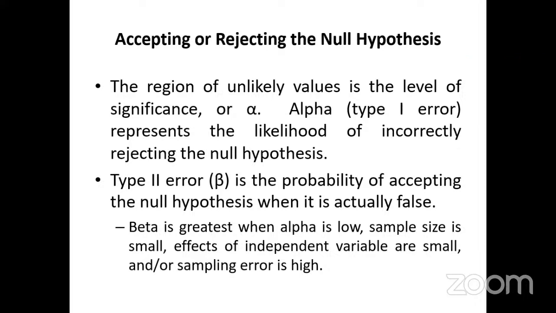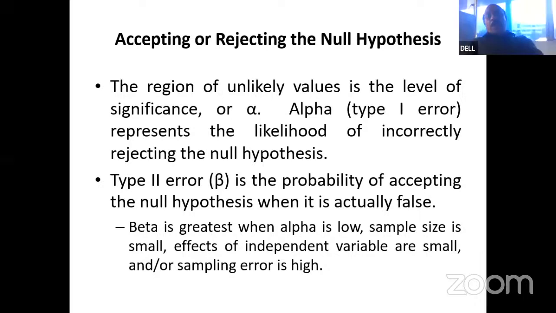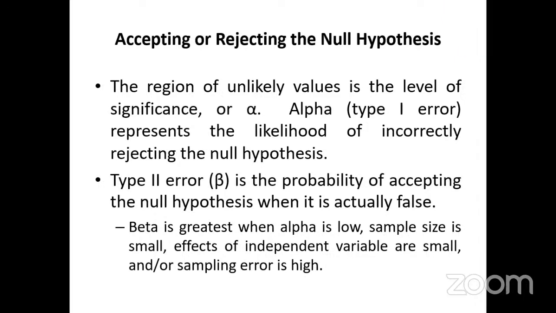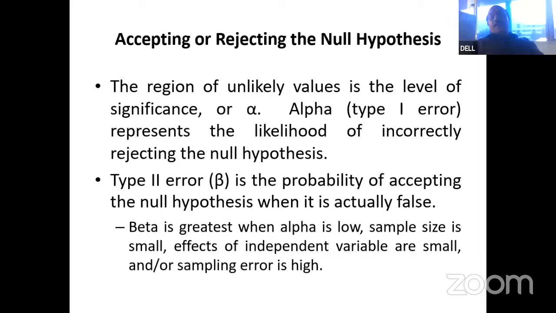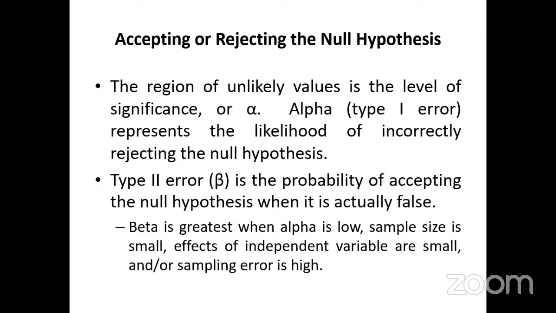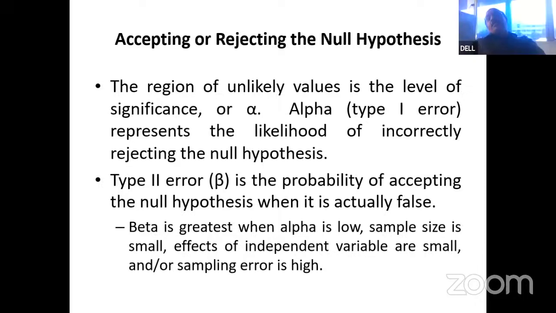Usually the probability of type 1 error is represented as alpha. It is also called the level of significance. Type 2 error is obviously the negation of the type 1 error. Whenever you think a statement is true, why is it wrong?